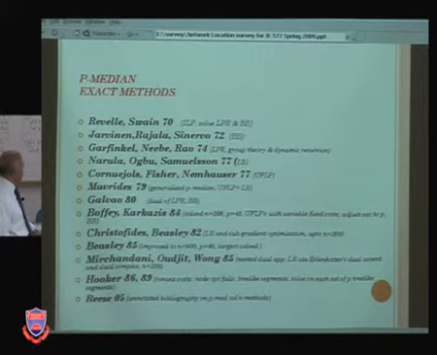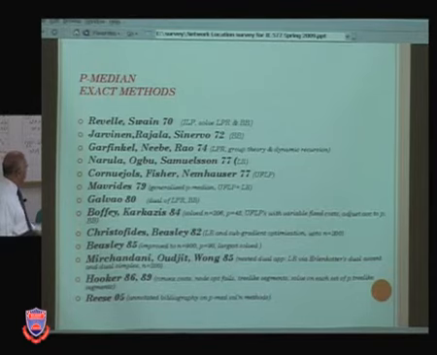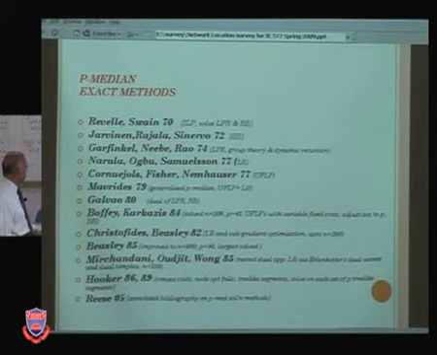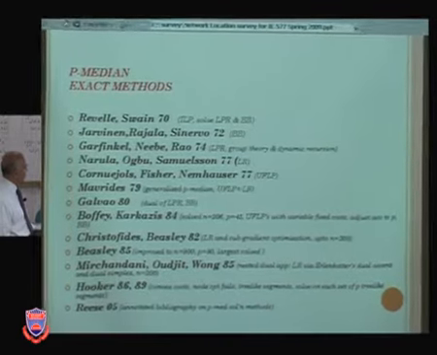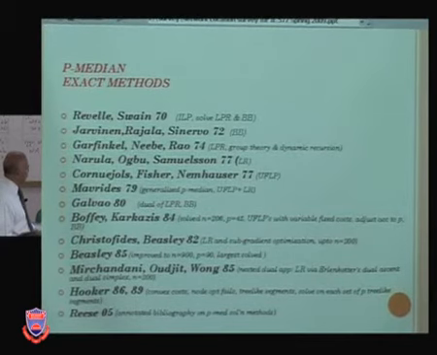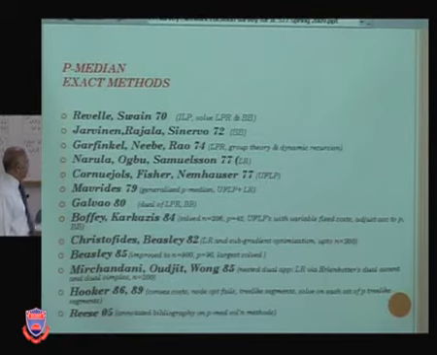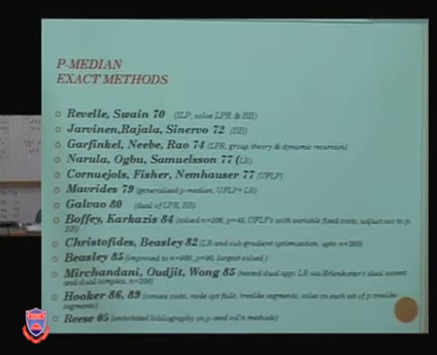He used the dual of the linear programming relaxation and used branch and bound. Beasley and Christofides, Karkazis solved a problem with 206 nodes where the number of facilities is 45. That's a large problem actually for total enumeration. And they used uncapacitated facility location problems with variable fixed costs and adjusted the costs according to p.